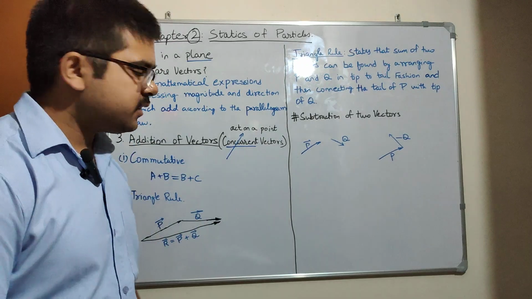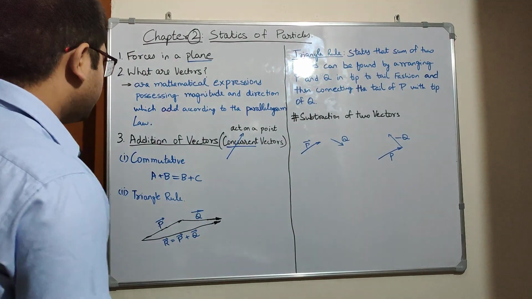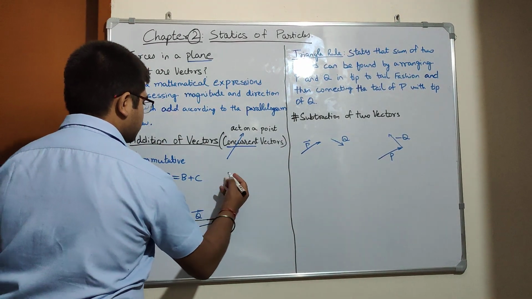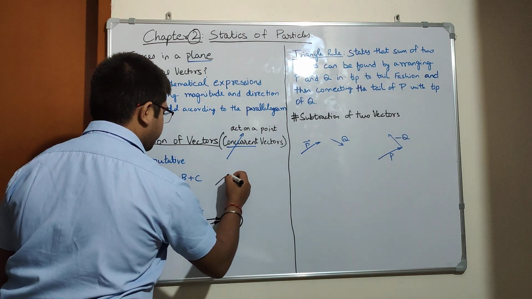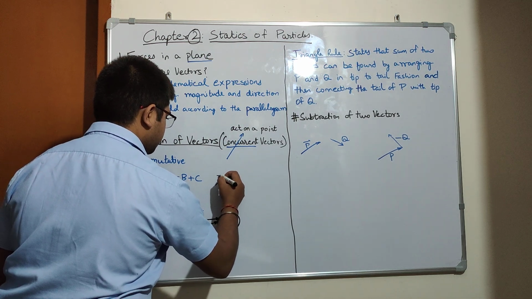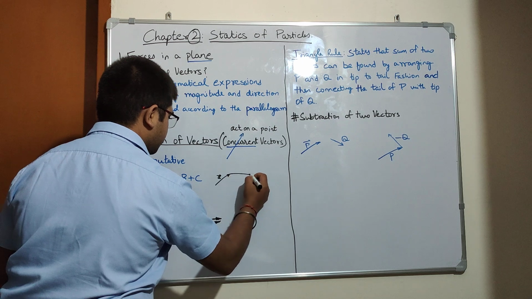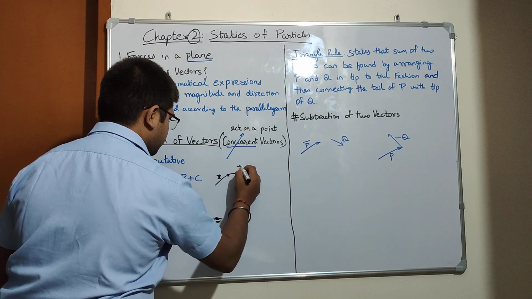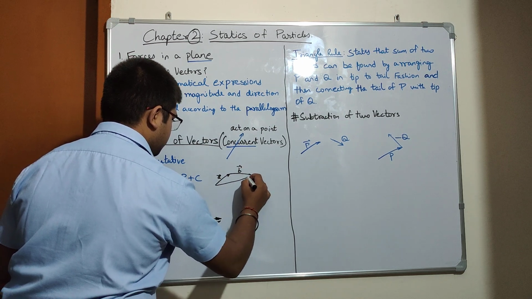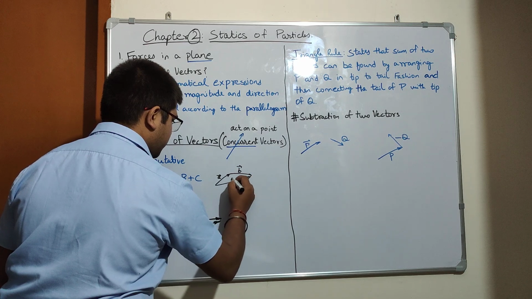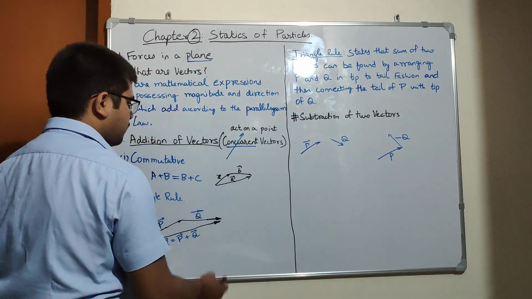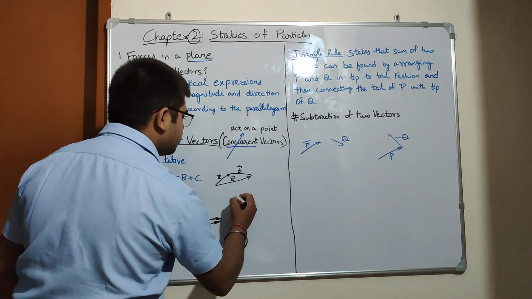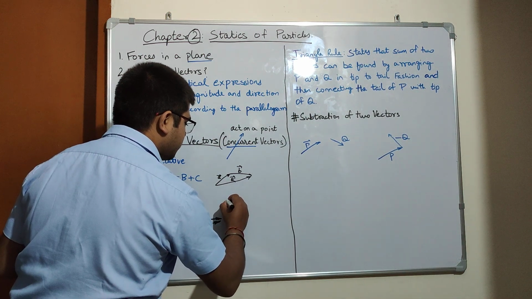That is, we can join two vectors, a vector and b vector, which will give us the resultant vector r, or we can just do the opposite.